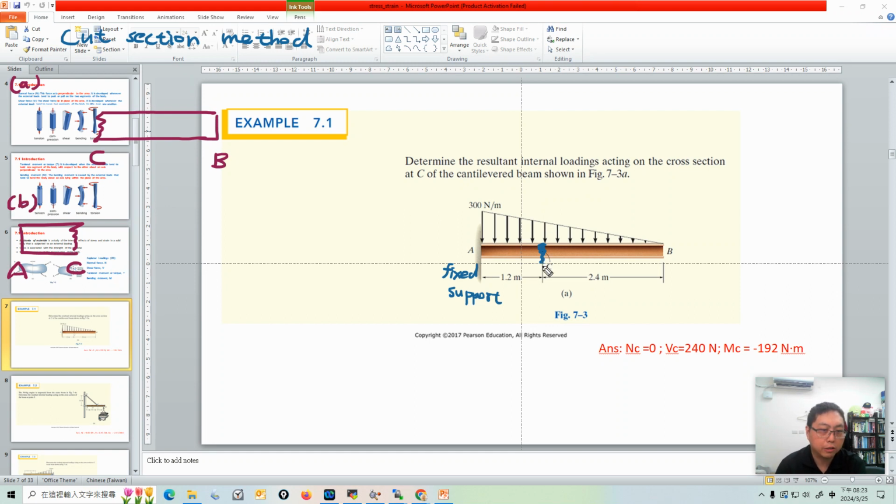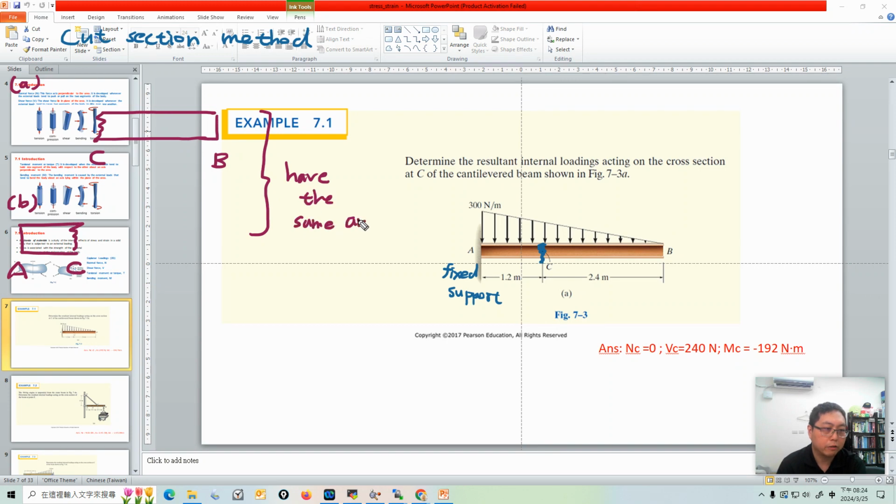You can do the analysis on the CB section, or you can do the analysis on the AC section. No matter which section you analyze, you will have the same answer.